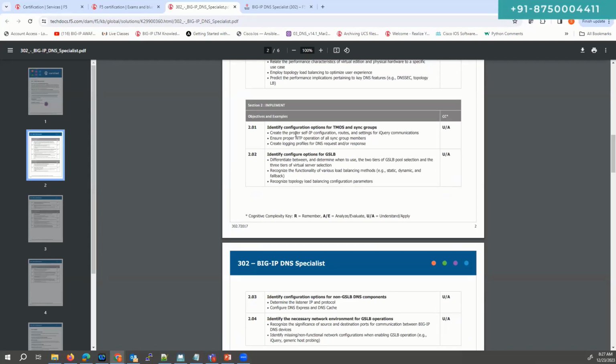Remember that ideally we do not configure failover for BIG-IP DNS, unlike LTM, right? Because in LTM, we saw that at each site we had at least two BIG-IPs working in active standby mode. We don't do that in case of BIG-IP DNS, right? We don't configure the BIG-IPs in that way. If we have two data centers, then each data center would have at least one BIG-IP DNS, and both of them will be in a single sync group, and both of them will be working as a DNS server at the same time.